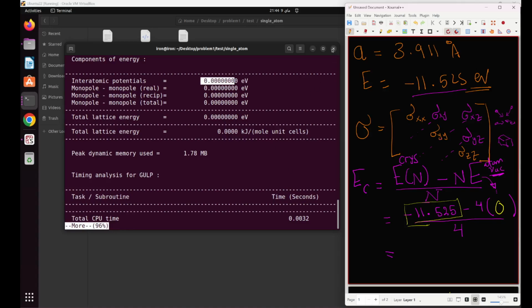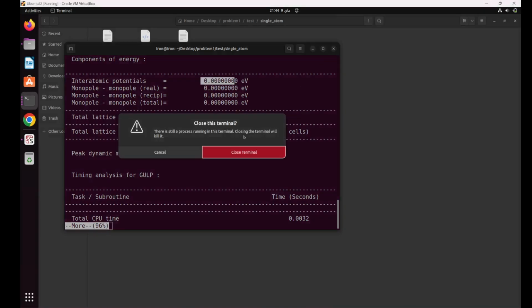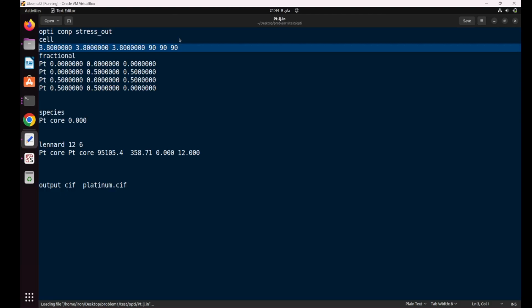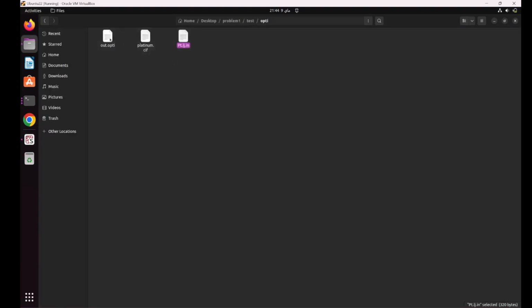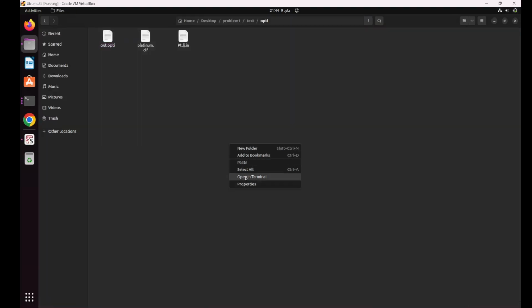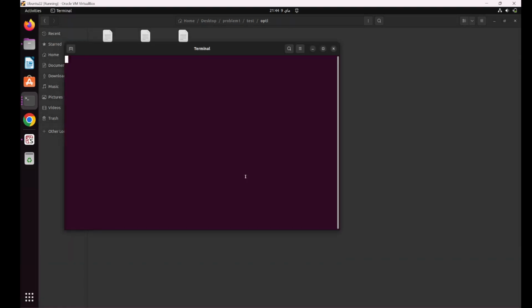Let's close the terminal here. I can get it from the output file. Or in fact, let me show you a trick which you probably know already from Linux.